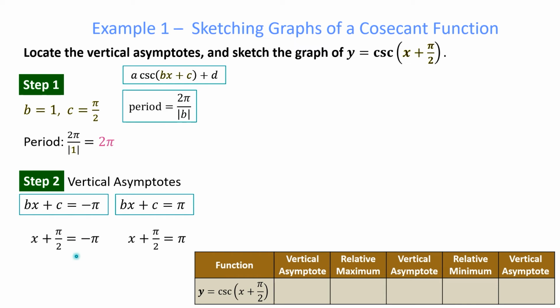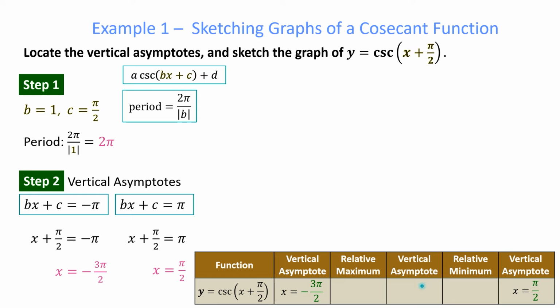Now, x plus pi over 2 equals minus pi and x plus pi over 2 equals pi. We solve both of these equations to give us x equals minus 3 pi over 2 and x equals pi over 2. And we'll put them over here and there. So these are the two beginning and end vertical asymptotes, and we want to work out the middle one.